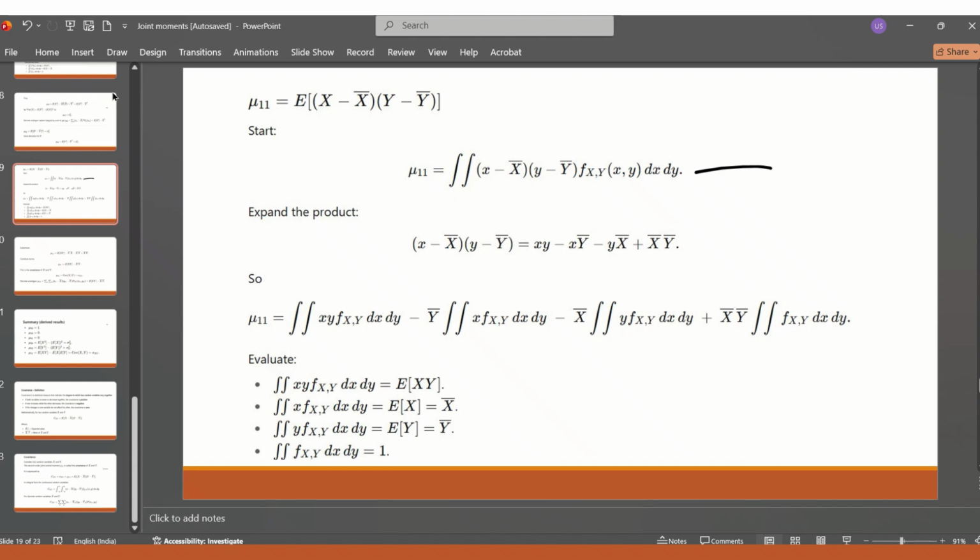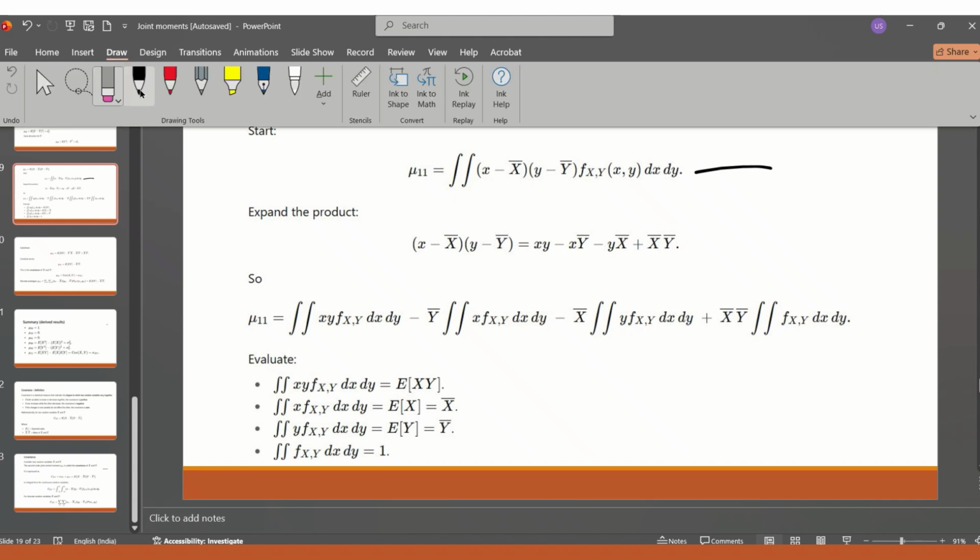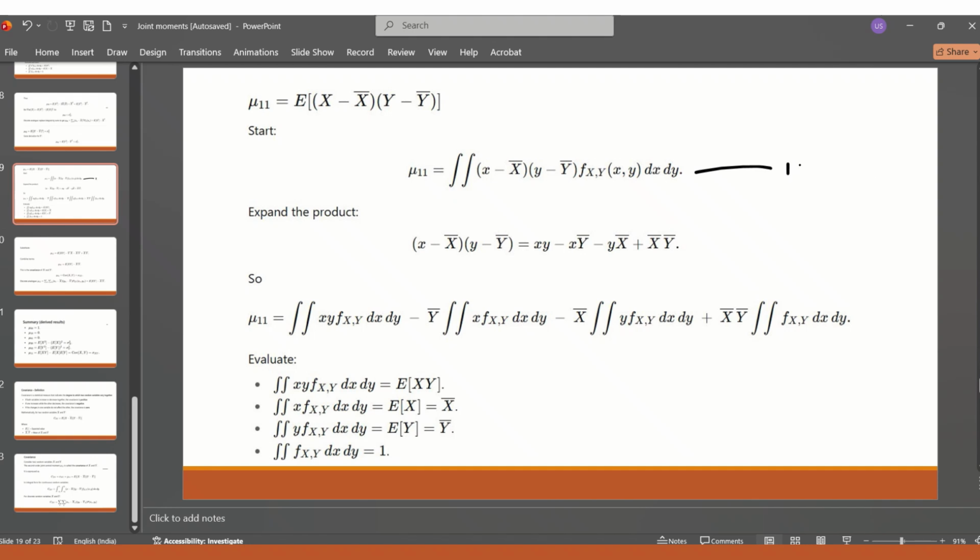This is equation 1. We substitute this in equation 1.